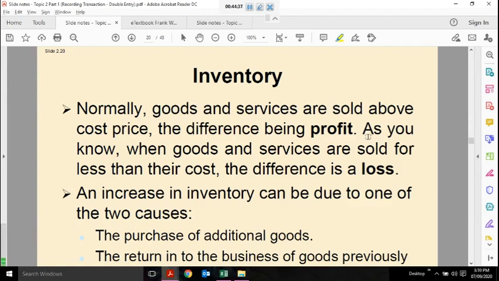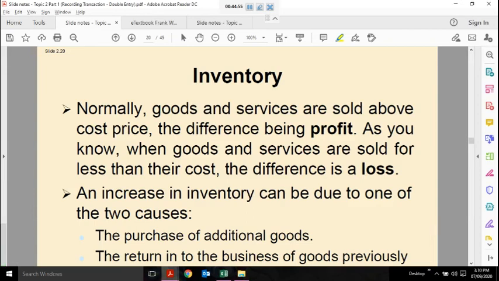As long as they can clear the stock, there's a possibility they will sell at much lower than their cost price. At least they have something rather than nothing.